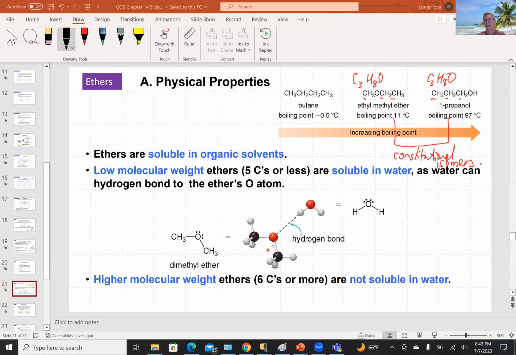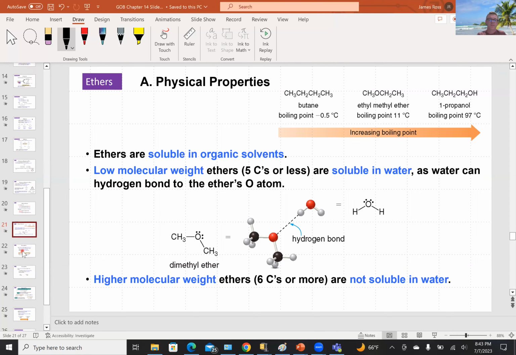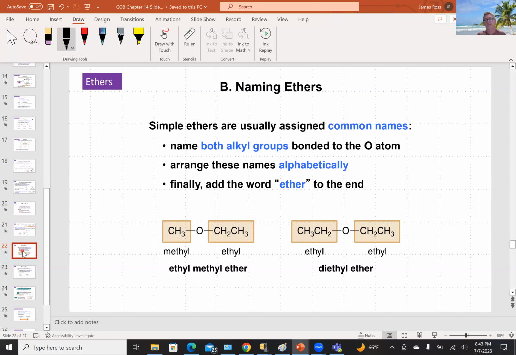We've now contaminated the ether with water, and we're looking at this dirty mixture of an ether and water. Hopefully that's clear and you don't get confused with the presence or the absence of hydrogen bonding, because they're two different scenarios.